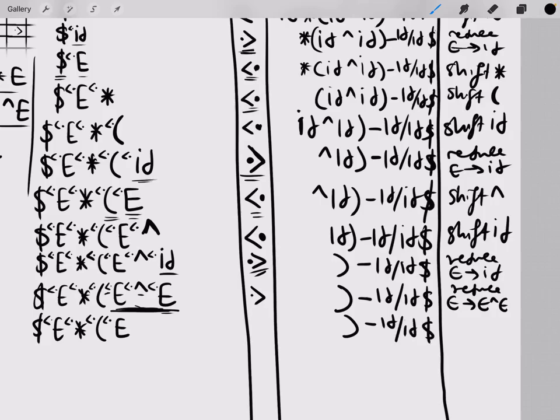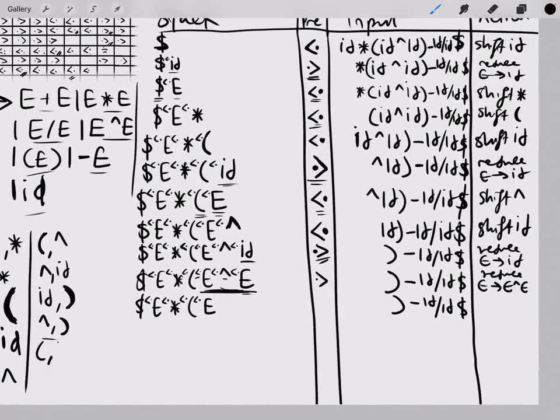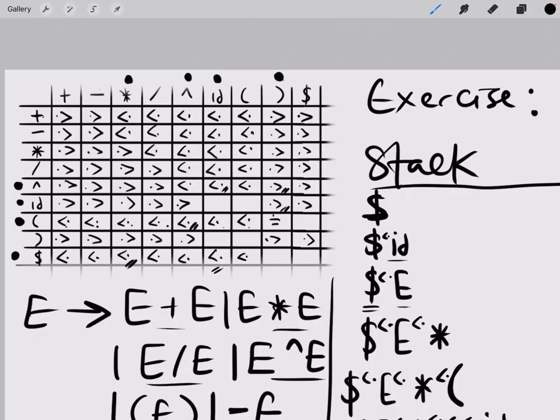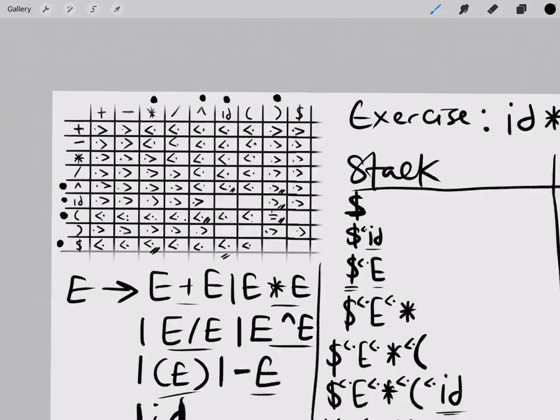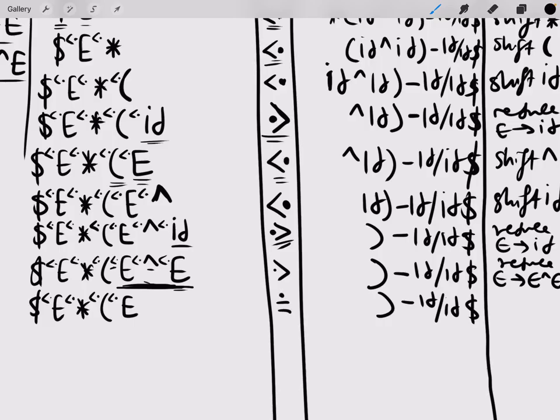ID sign. Now, on the table, open versus close would give us equal precedence. Open versus close gives us equal precedence. And since it gives us equal precedence, we can simply shift.